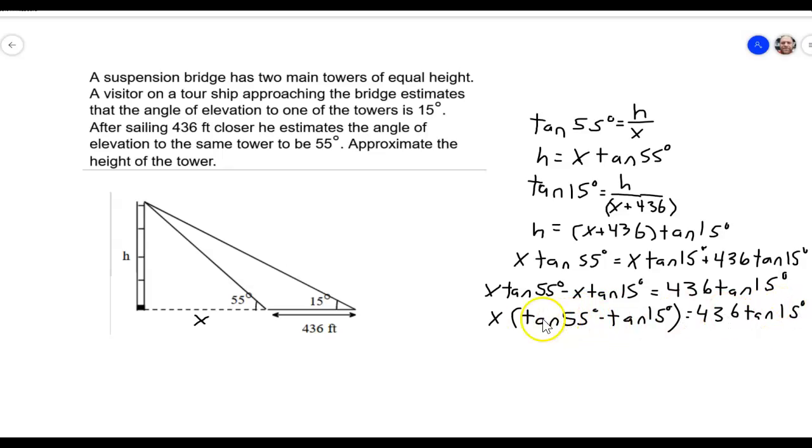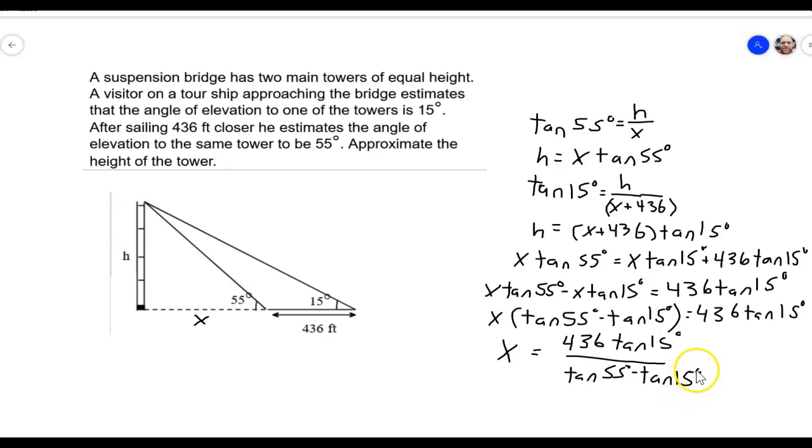And finally, we're going to divide both sides to get that x by itself. So x is equal to 436 tangent of 15 degrees all over tangent of 55 degrees minus tan of 15 degrees.